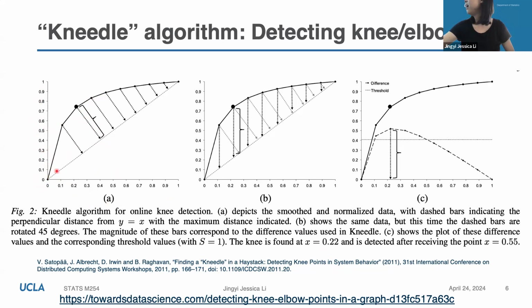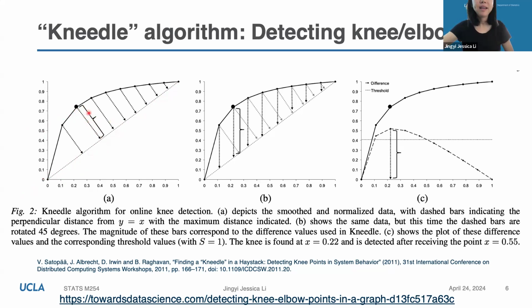You get a square in your coordinate system, 0 to 1 in y, 0 to 1 in x. Then you draw this diagonal line, y equals x. And then for each point, you measure the perpendicular distance from the point to the line. That's what this dashed segment represents.